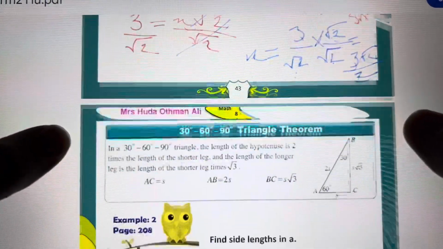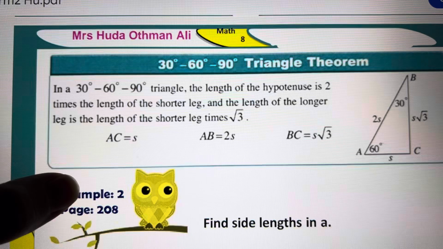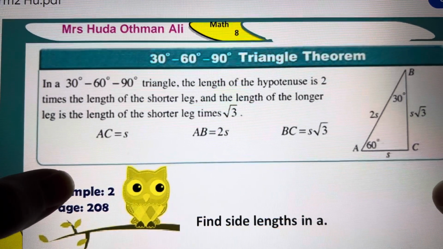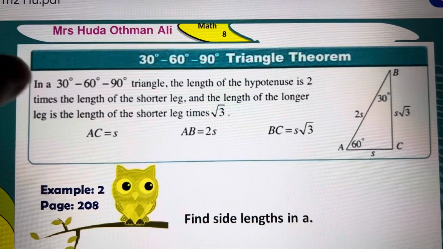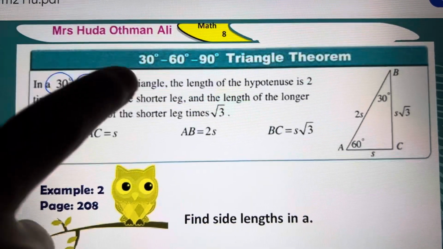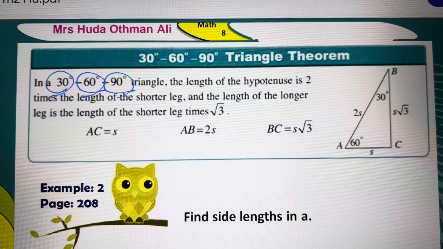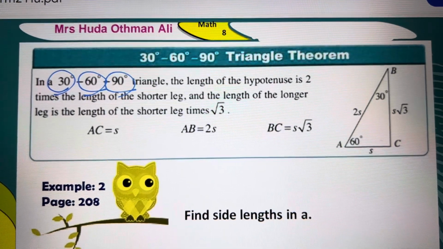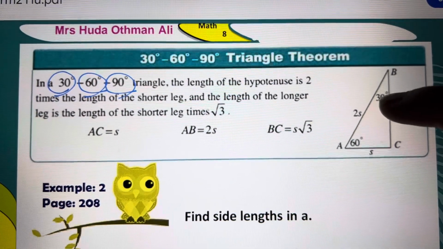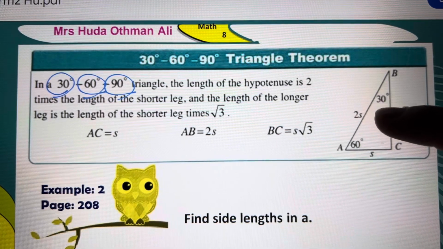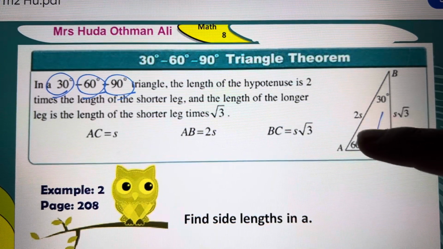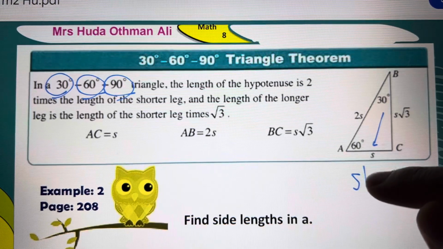Okay, dears. The other type of special triangle is whenever I have the measures 30, 60, and 90. Again, the sum of them will be 180. What is so special about this is that the angle that measures 30, opposite to it, is always going to be the short side.